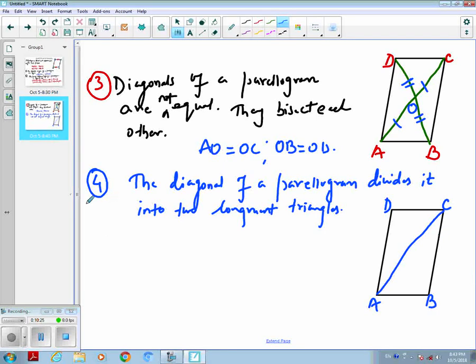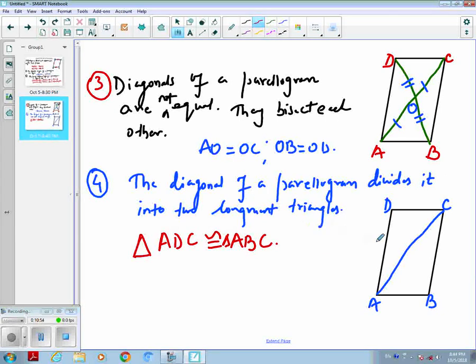Then, according to this theorem, triangle ADC is congruent to triangle ABC. Both these triangles are congruent.